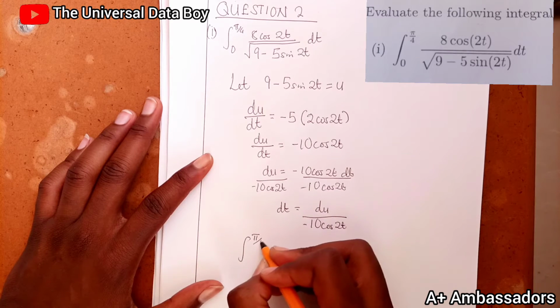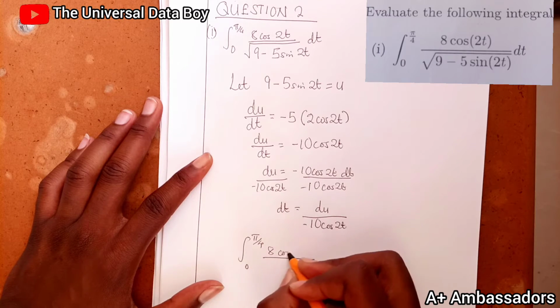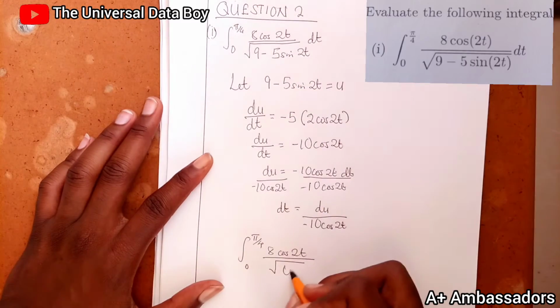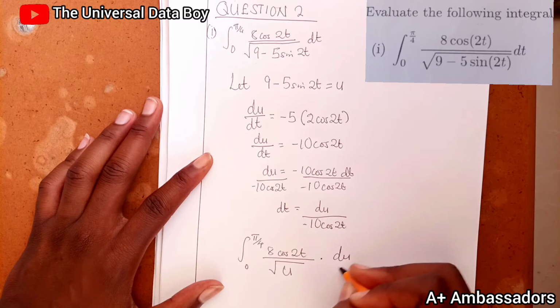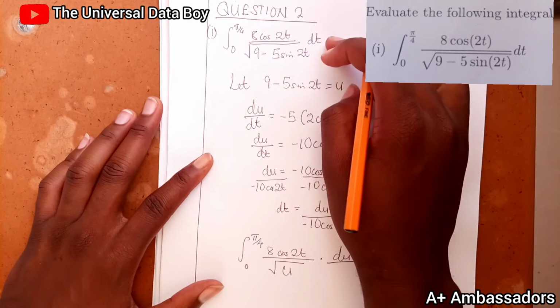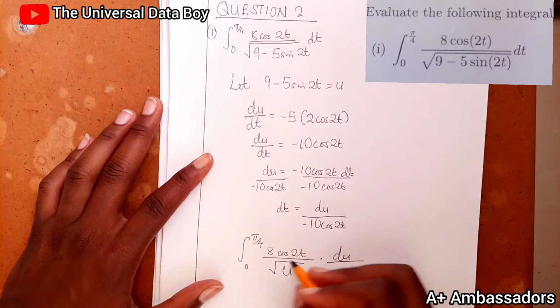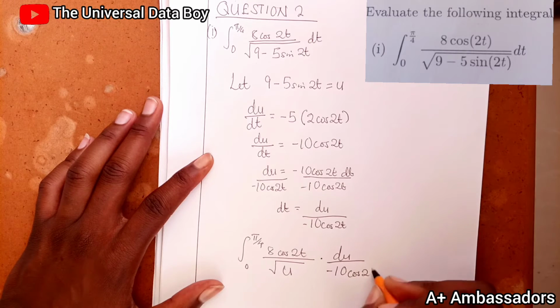The integral to the limits pi over 4 of 8 cosine 2t over the square root. Where there is 9 minus 5 sine 2t, we're going to put u, where there is dt, we're going to put du, because we found it. And the main essence of putting du here is so that we can change the variable of integration from dt to du, because the t's will cancel out, then we remain with u.